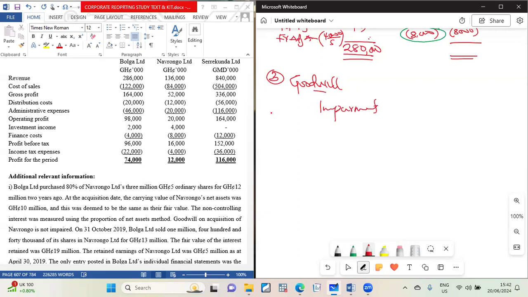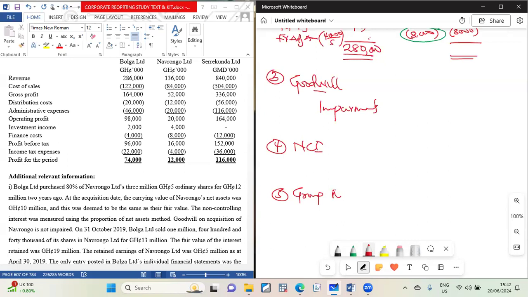Okay, so mostly what will happen is the workings 4, which is your NCI, right? But here we are talking about the NCI share, not the NCI that is going to the balance sheet. We also would have done group retained earnings, but group retained earnings is the P&L that we are doing, so that one too is off.